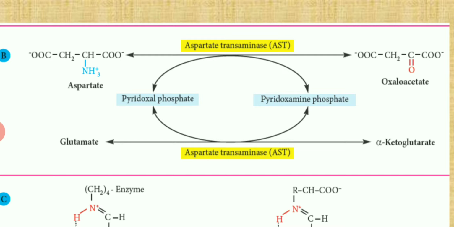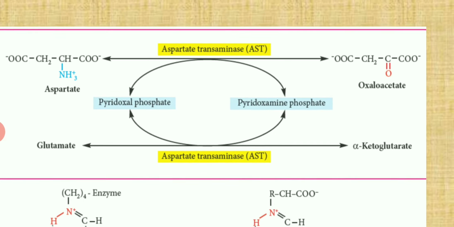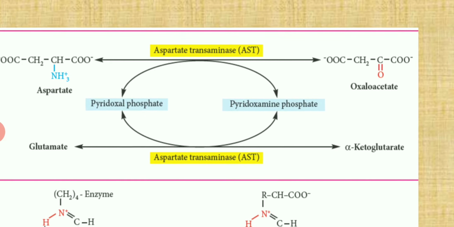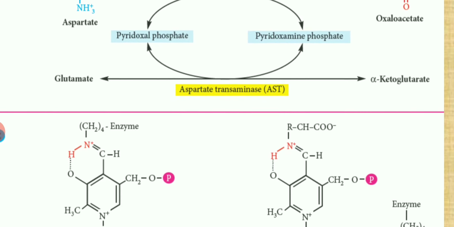So in second phase, alpha keto acid 2, that is alpha ketoglutaric acid, will bind to pyridoxamine phosphate and forms ketimine, which is changed to aldehyde, which is cleaved to release amino acid 2, that is glutamic acid, and regenerating enzyme linked pyridoxal phosphate.